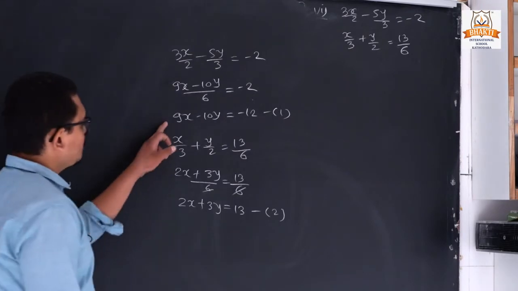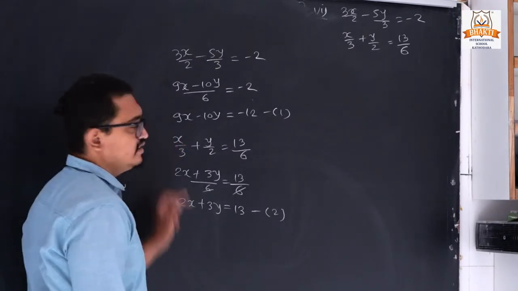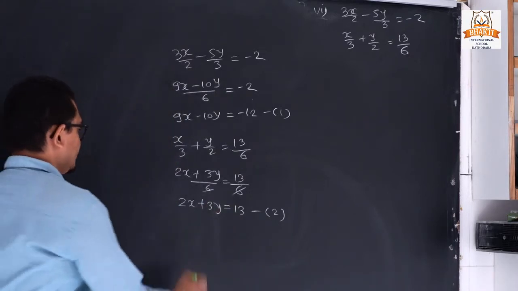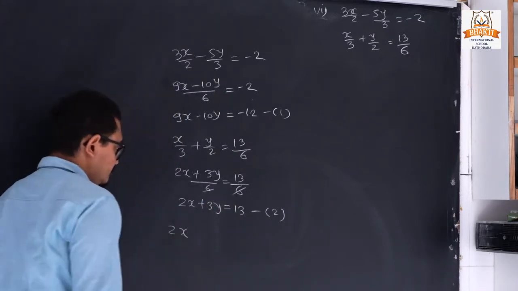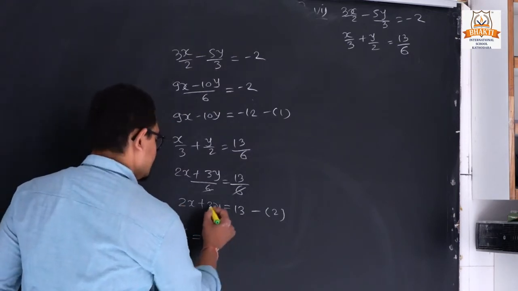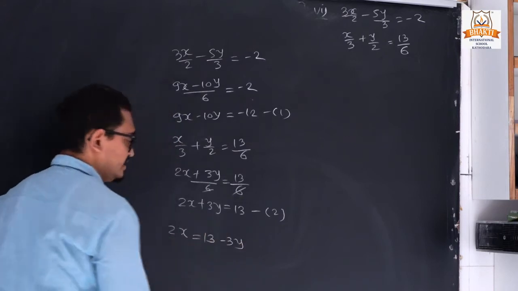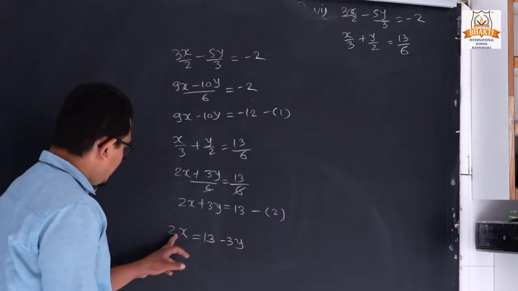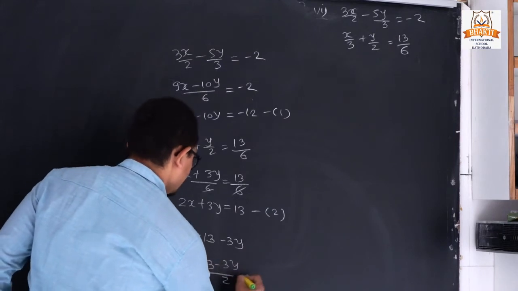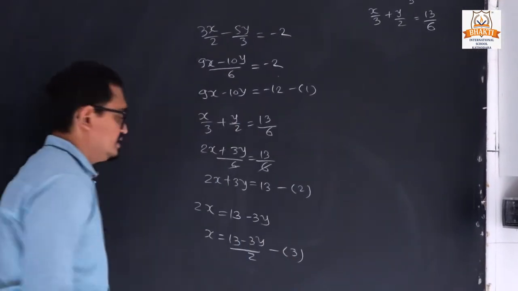So now we have two equations, 1 and 2. So once again we can take from the second. We can take x variable from the second. So these 3y is going in second side, so minus 3y. Now this 2 is going second side, so it will be in denominator. So we can declare it is result number 3.